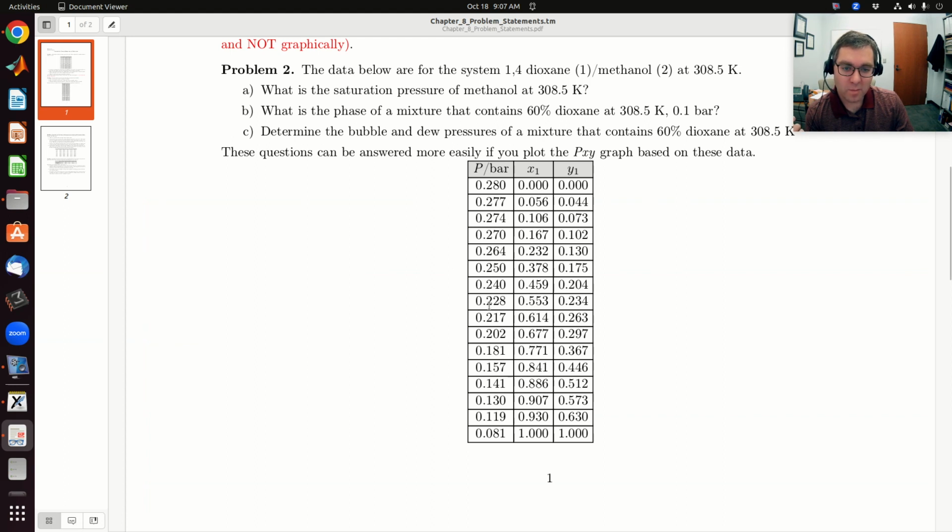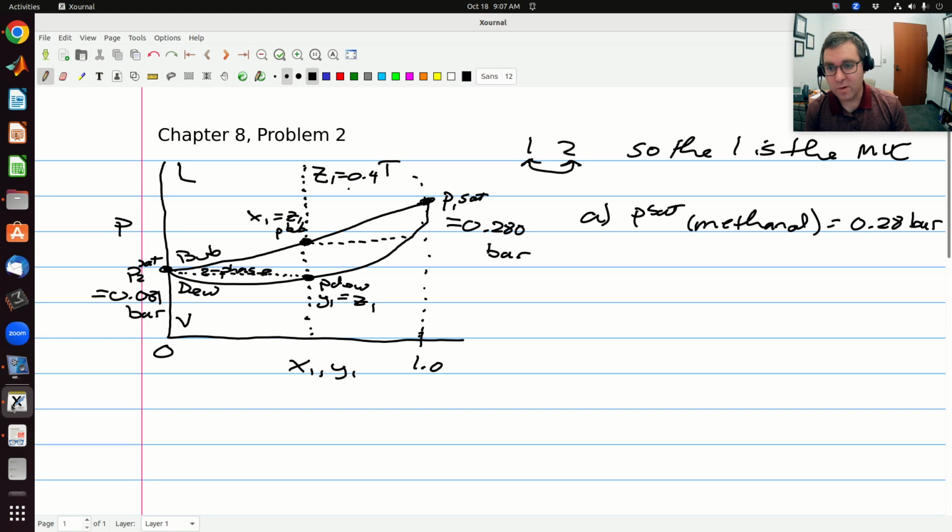Is going to be somewhere in between these 2 points. Okay, so P bubs is going to be somewhere around, I don't know, 0.22, let's call it. And I'm just going to sketch it on here, so I'll be able to check the reasonableness of this. So this should be somewhere about 0.22 bars.